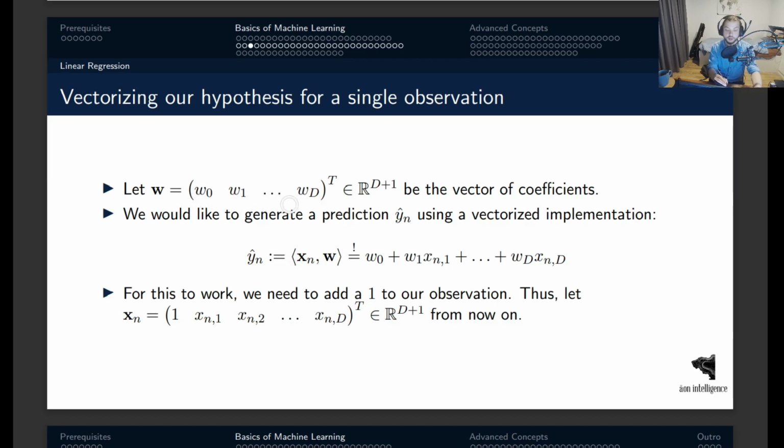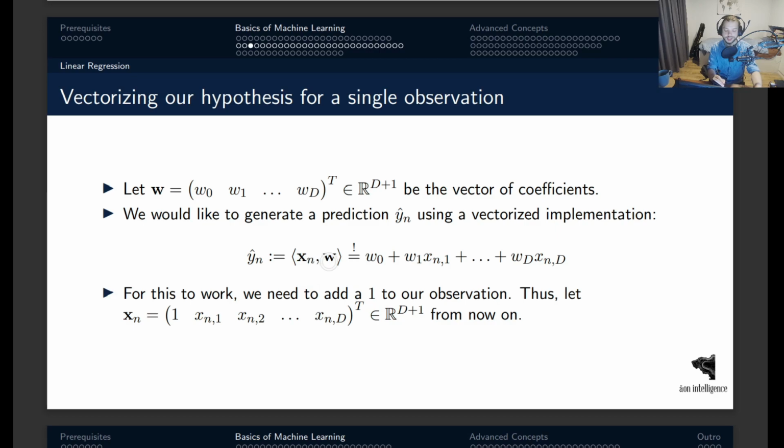So what we'll need is a new parameter vector w, which is a column vector containing all the parameters or coefficients of our linear regression model. So it will contain w0, w1 until wd, and it will be a d+1 dimensional real valued vector.